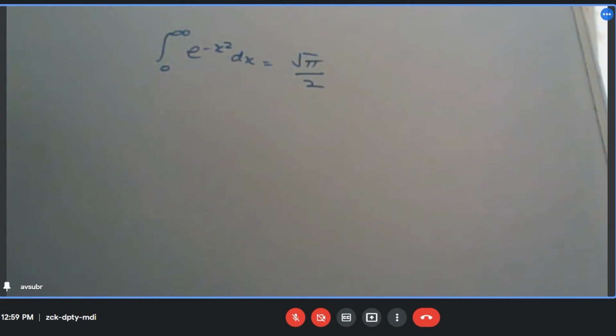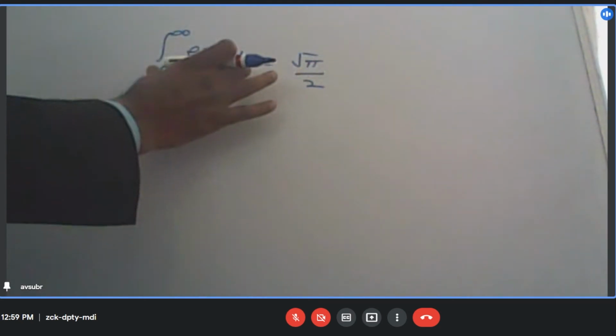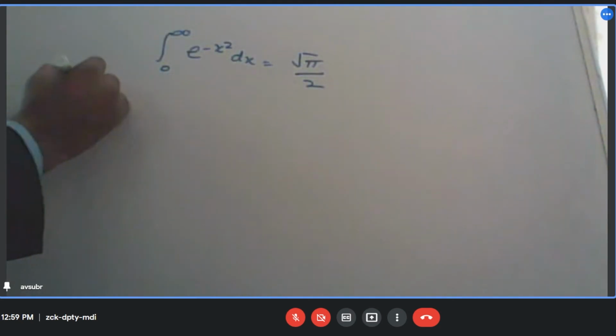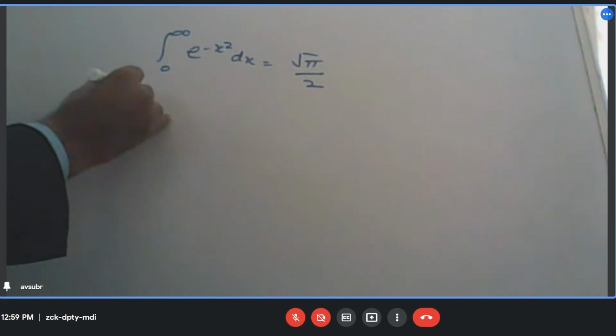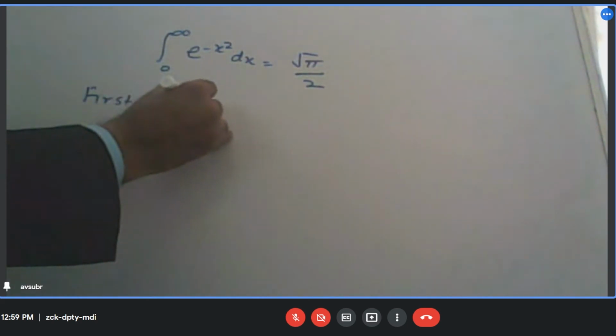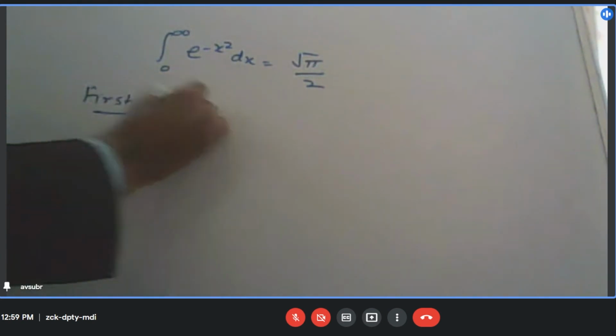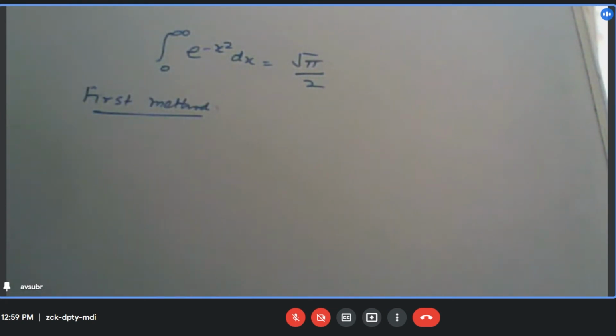So now I want to find out its value. That means I want to prove that this is equal to this. I will use two methods. First of all, we will use the gamma function.